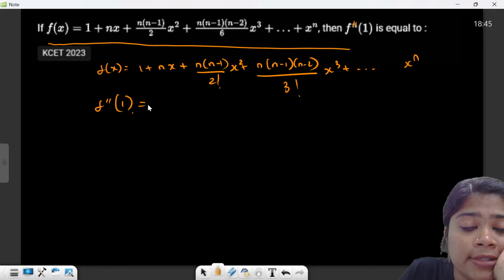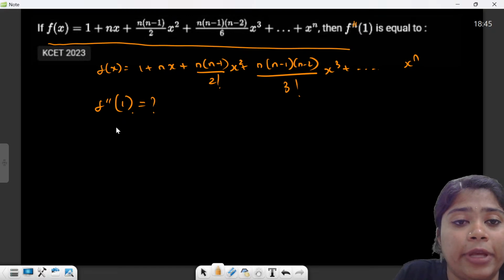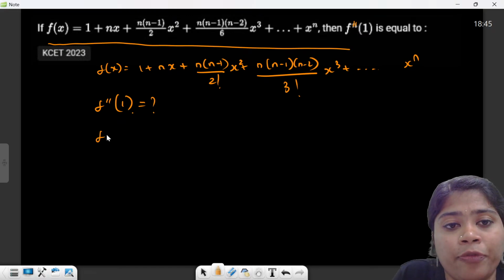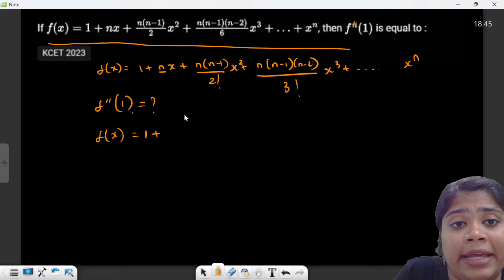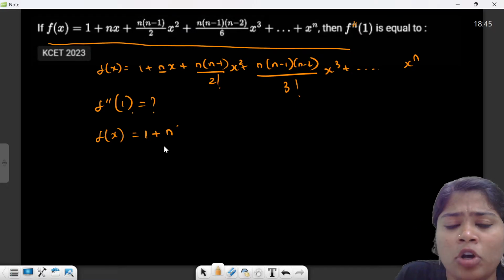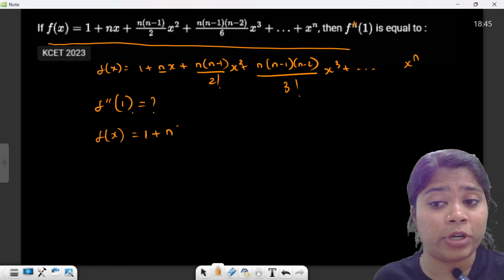So how to find this? You tell me, what is f of x? f of x is nothing but 1 plus, I can write n as nC1, or from the binomial expression.